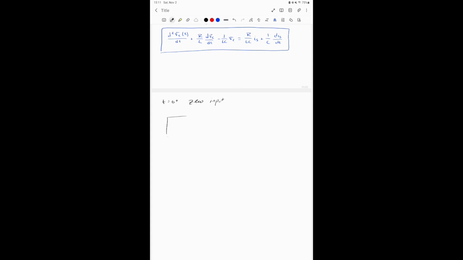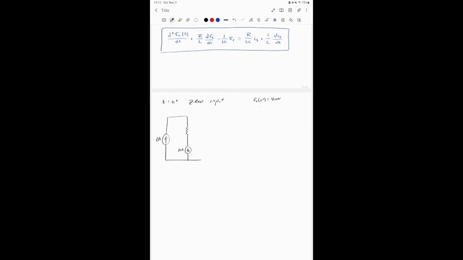So zero input means that this is going to be 0 amps. That was our current source. We have the resistor here. We have the inductor pushing out 20 amps because it's still at 0 plus, right? Zero input still means that our values from before work. Our values are still charged.